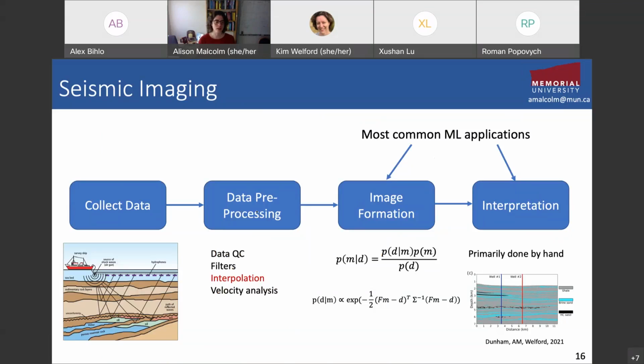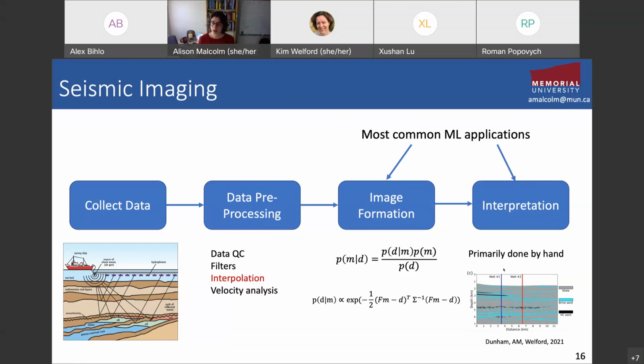There are many steps between collecting the data and getting the final interpreted product. We would typically split these into these 4 categories. We collect the data, then there's some data pre-processing, and then we form an image. That's where the real inverse problem part typically comes in, and then we do some interpretation.